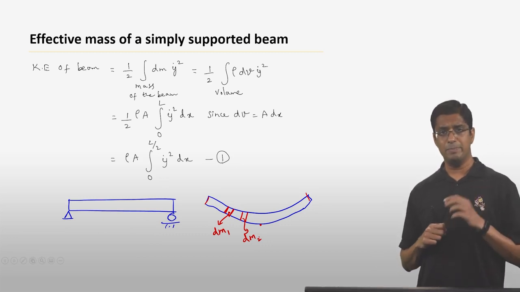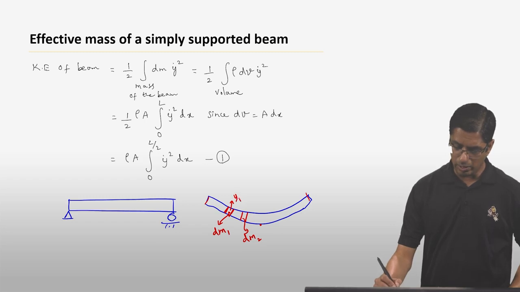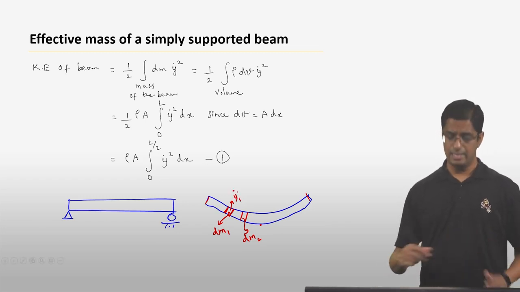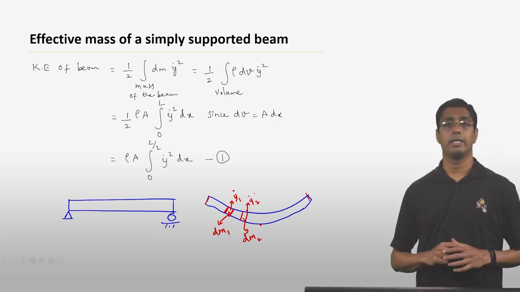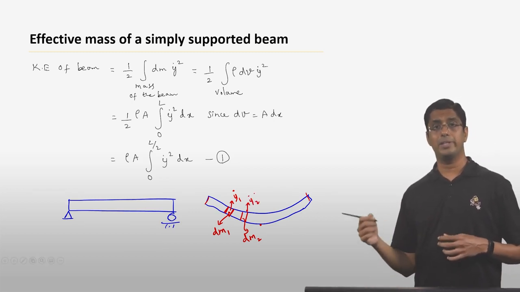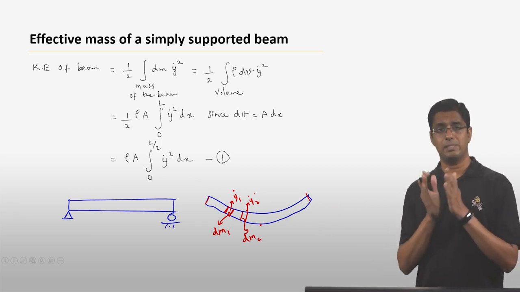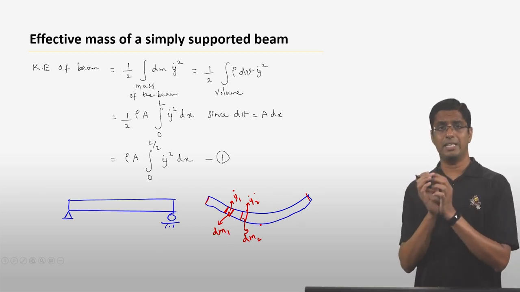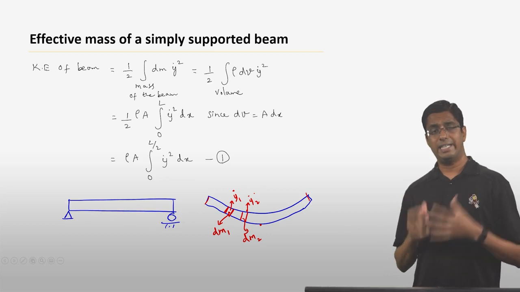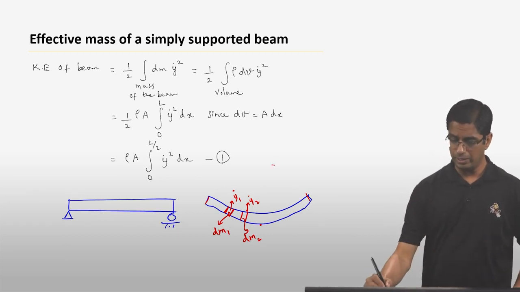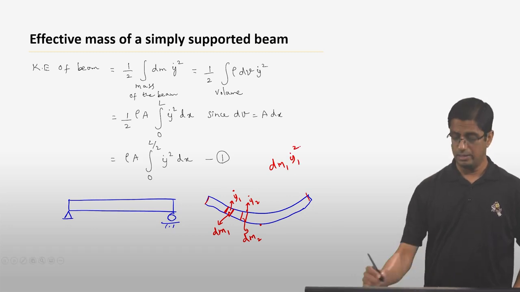Now for this particular instant, I can say that the velocity of this mass is y1 dot, and the velocity of this mass is y2 dot. Each of these, y1 dot and y2 dot, are different. But I can define a small enough mass so that within that particular mass, I can say that the velocity is the same. Now I take dm1 and multiply that by y1 dot squared and divide by 2.